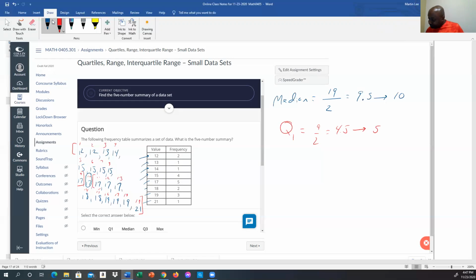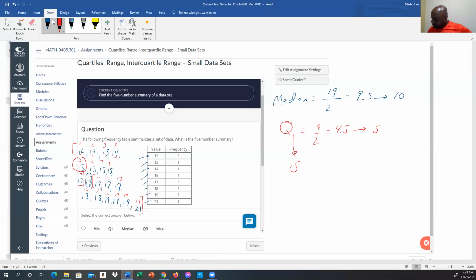So that means my 5th number is going to be my Q1. So 1, 2, 3, 4, 5. And let's put a circle around Q1. So Q1 is equal to 15. That's the median of our lower set of data.